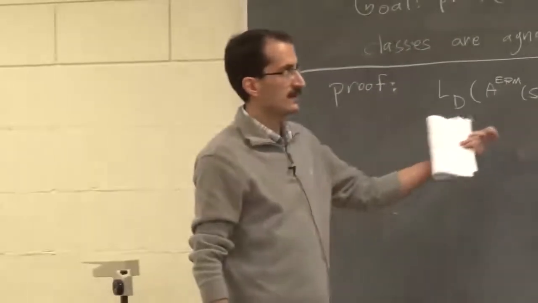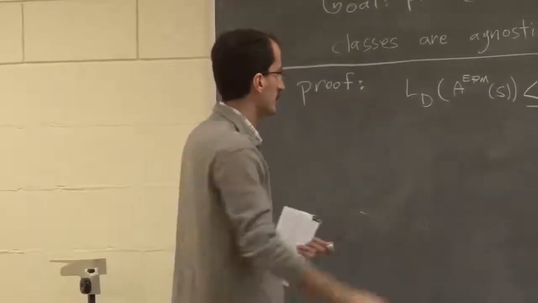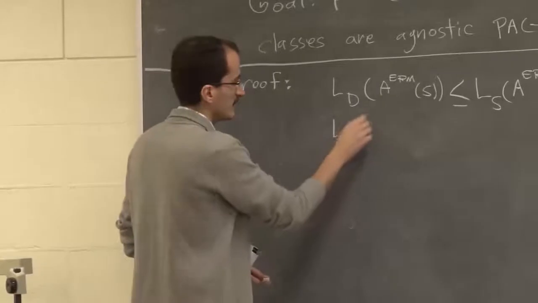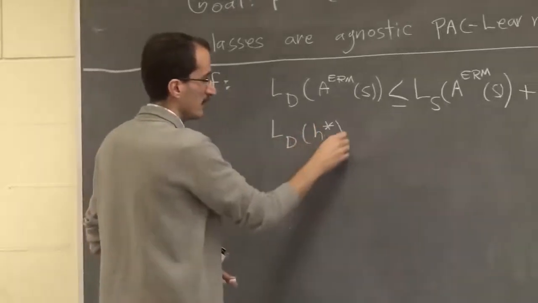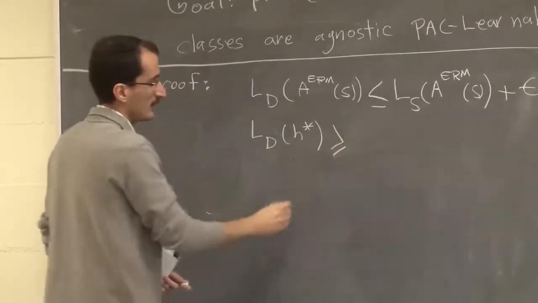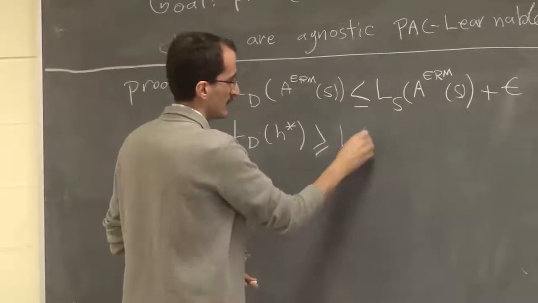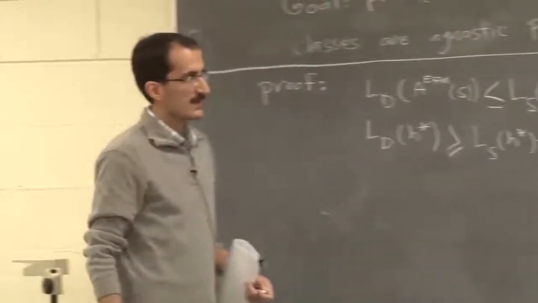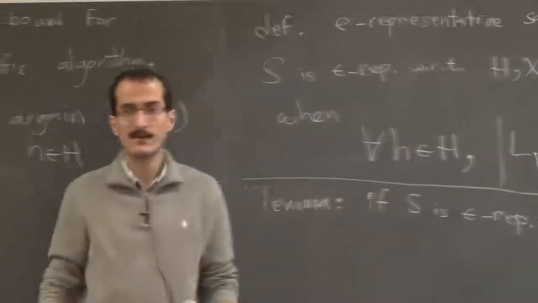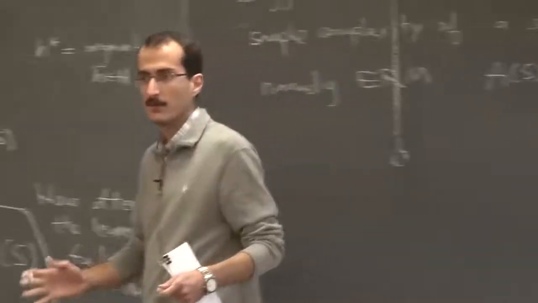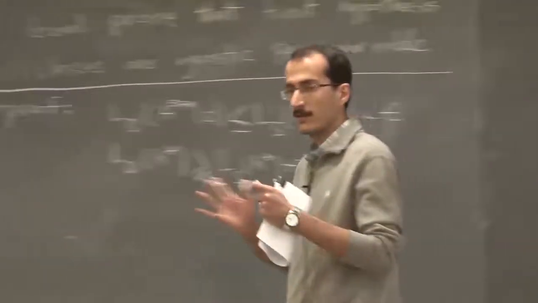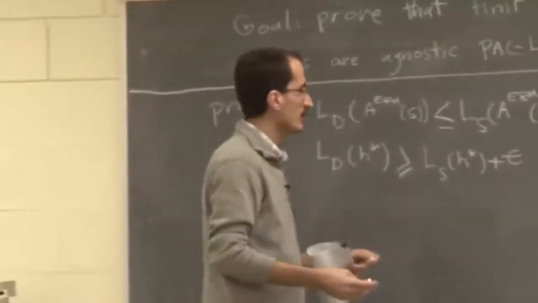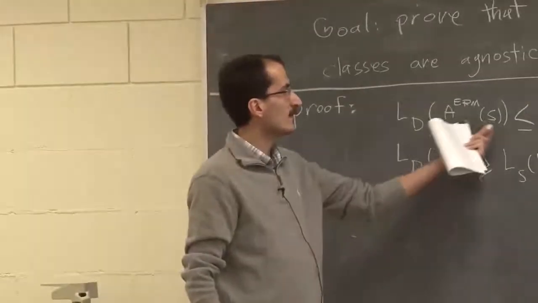That's due to the definition of epsilon representative sample. And also L_D of H star will be larger than L_S of H star minus epsilon. Because in the definition we had an absolute value, we have both upper and lower bounds. L_D and L_S are very close, so we can use it as a lower bound or upper bound.